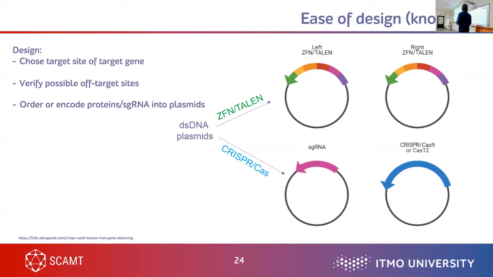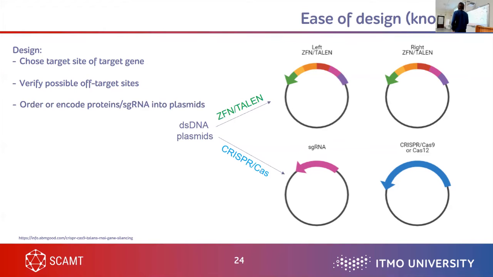It's hard to deliver a full protein into the cell, and the solution to this problem is to use double-stranded DNA that encodes this protein itself. So once we deliver this plasmid that encodes information about zinc finger or CRISPR-Cas into the cell, it will be expressed.